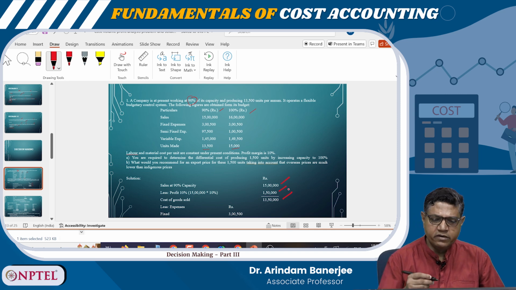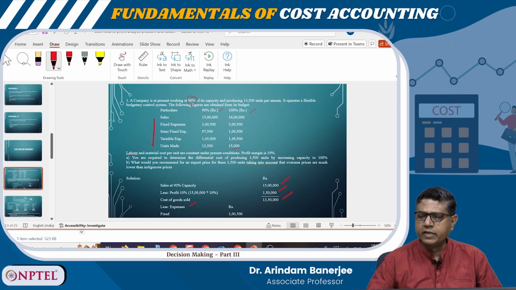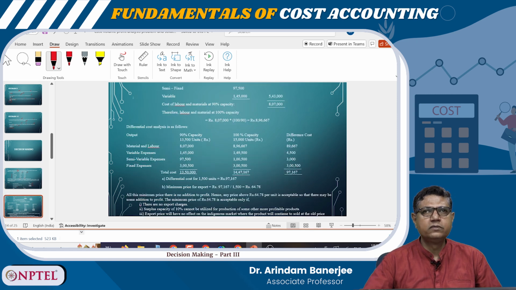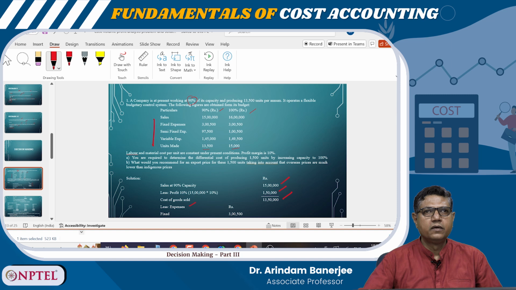Now, I can deduct the expenses. These expenses are given here. If I deduct the expenses, it will look like this. I am just scrolling it down.